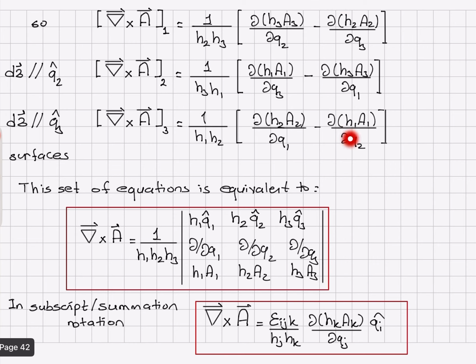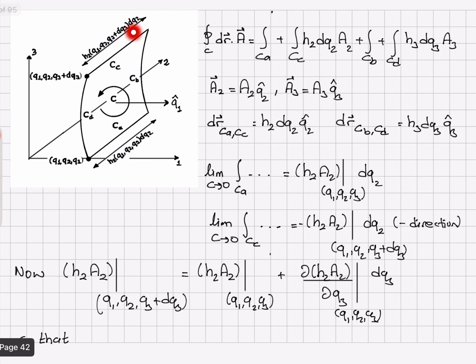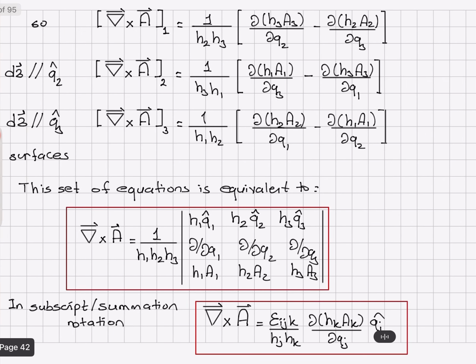Now I realize that the set of equations I obtain considering this path for the area vector in Q1 hat direction, if I consider the situation when the area vector is in Q2 hat direction and Q3 hat direction, I get similar results using cyclic permutations of 1, 2, and 3.